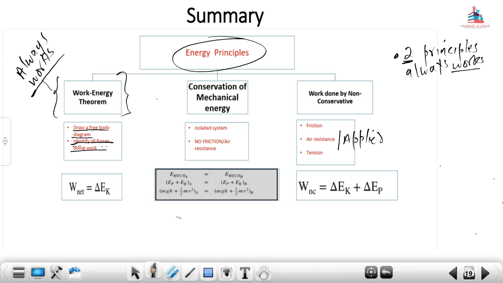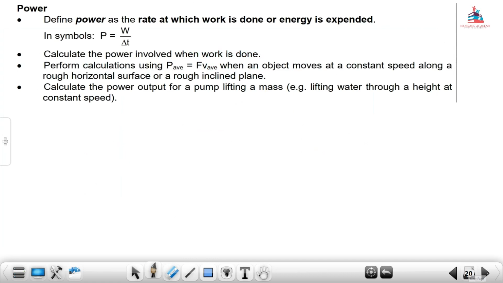I'm going to say a few things about work and power now, but it's key that we understand the energy principles, because that is where the majority of marks are sitting, where we can get the maximum marks. So I'm going to request privately, send me a snapshot of the question. If you know which year it's from, you can do that, such that at least I have a cleaner source to work with when I prepare the slides for tomorrow. Guys, the last aspect here is power.